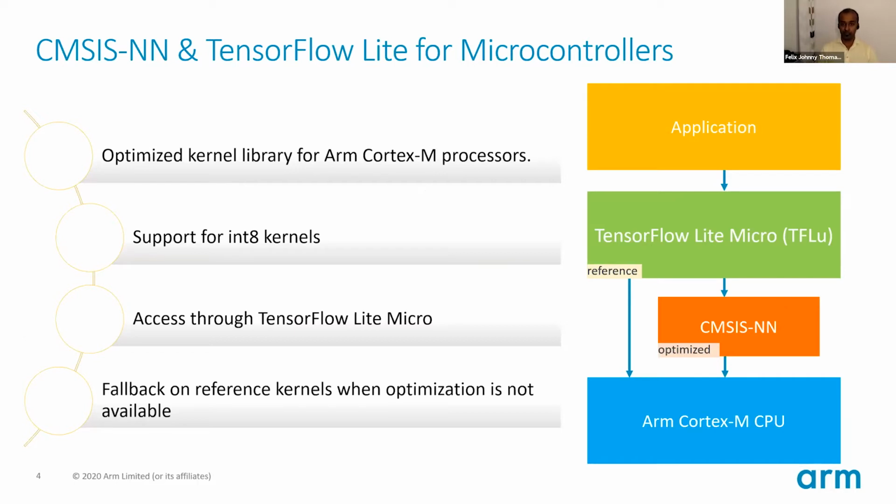If TensorFlow Lite Micro's interpreter sees an optimized kernel available, then it uses that. If it doesn't, then it falls back on the reference implementation. The advantage here is that as long as your network has operators that are supported by TensorFlow Lite Micro, you'll be able to run them. And optimization is something that you can gradually add on to it.